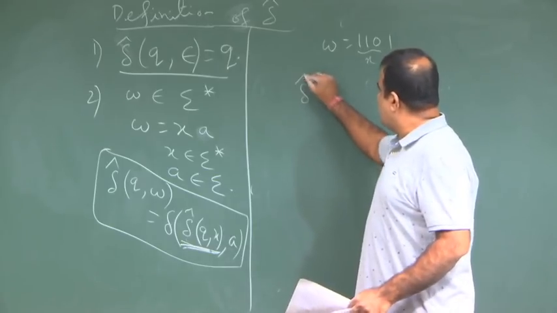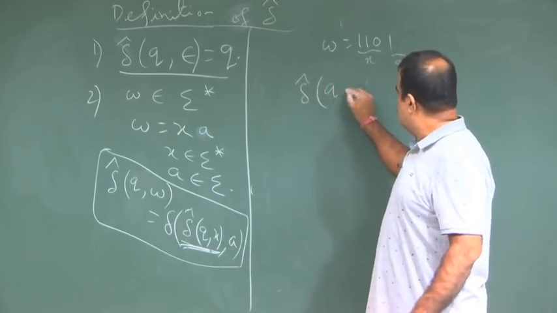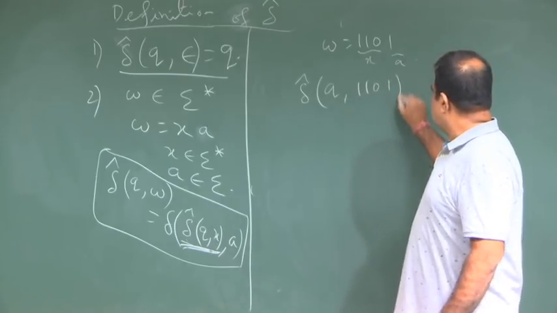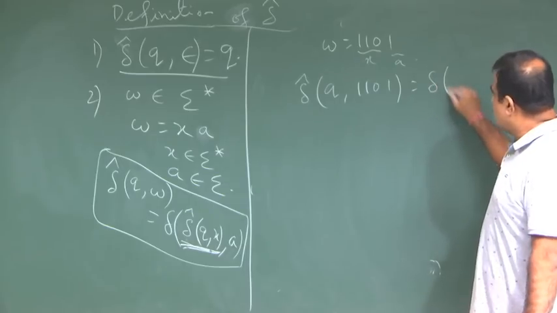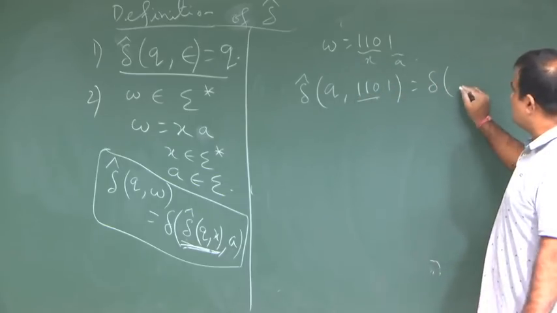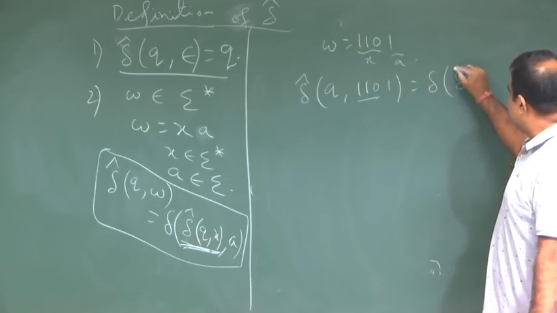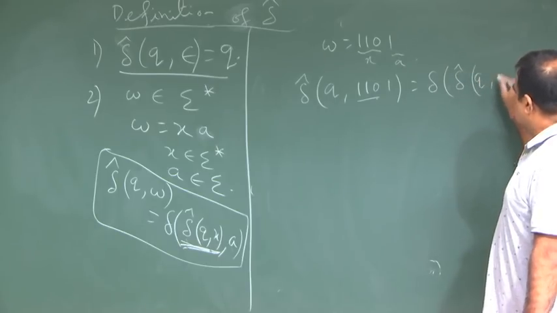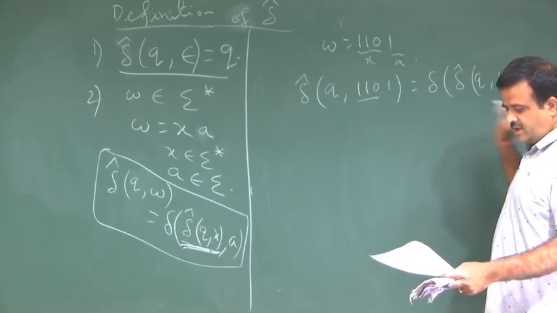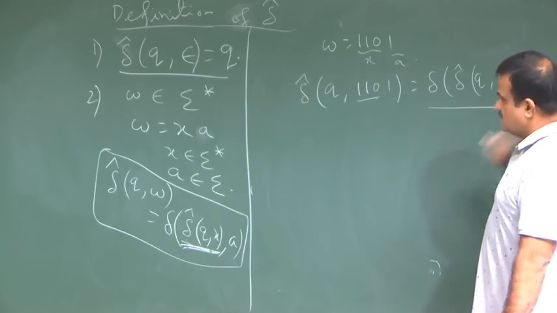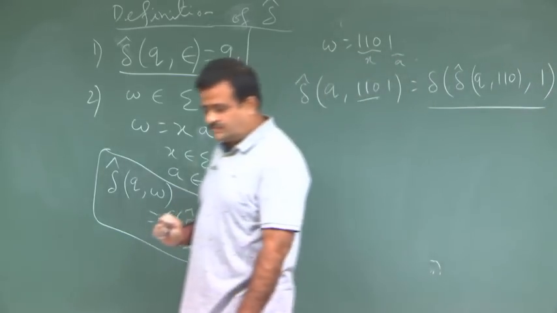Now, delta hat of q on 1101 will be defined as delta of, we first read x. After reading x we will be at some state by this rule, and then we will see a 1. So, where are we going? This is the way we will see it.